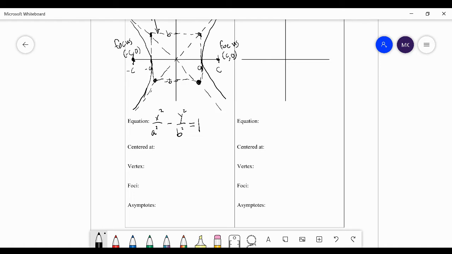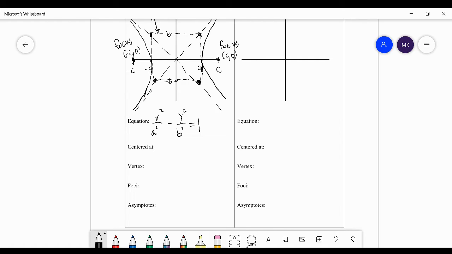You may notice there are some similarities with ellipses. The equation of an ellipse was x squared over a squared plus y squared over b squared equals 1. Notice that this is subtraction. So if you have addition, it becomes an ellipse. You have subtraction, it becomes a hyperbola. So that's very different, right?